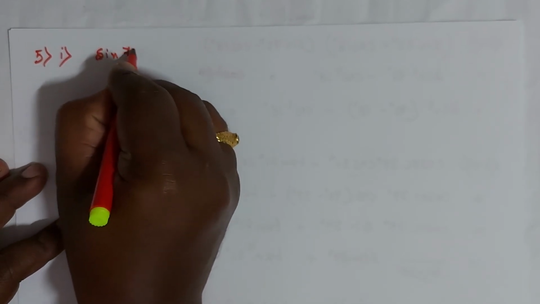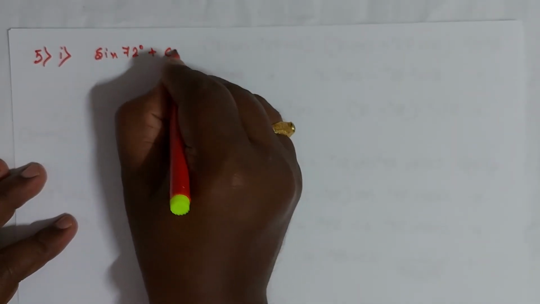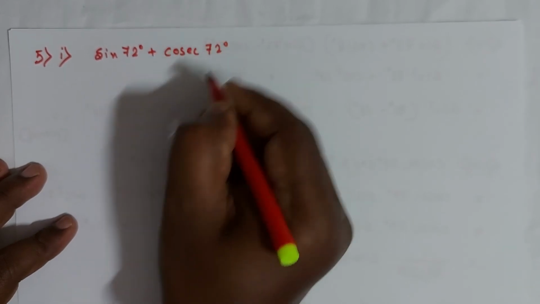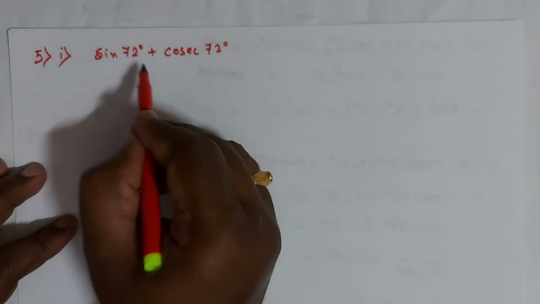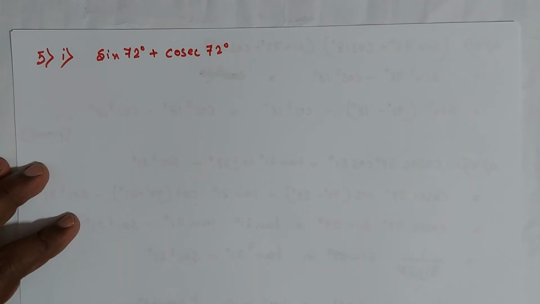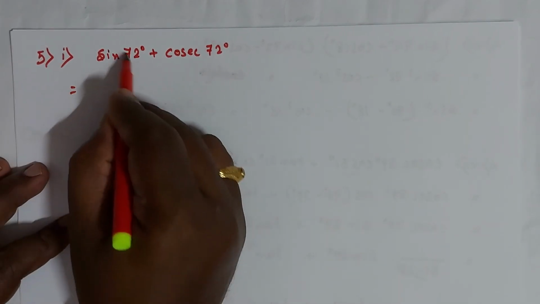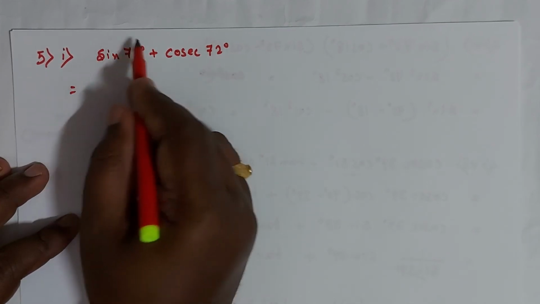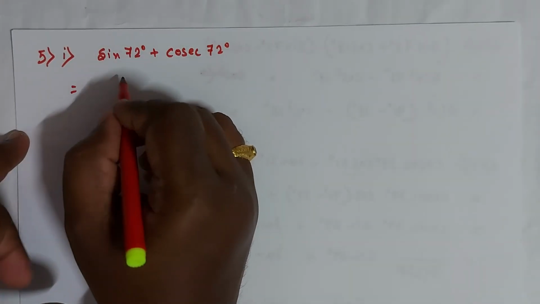Next question, question number 5, 1: sine 72 degree plus cosec 72 degree. In this question, we need to write this value of theta within 0 to 45 degree. To do that, if I convert this sine into cos and cosec into sec by applying the formula of complementary angle, then obviously it will be in 0 to 45 degree.